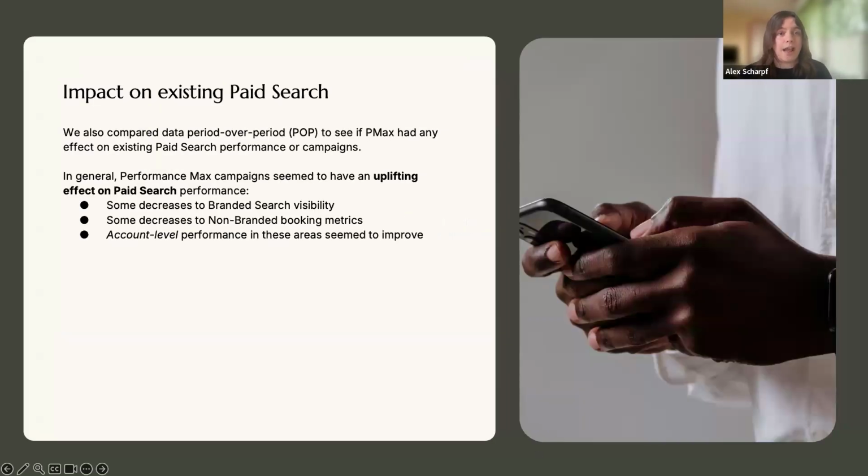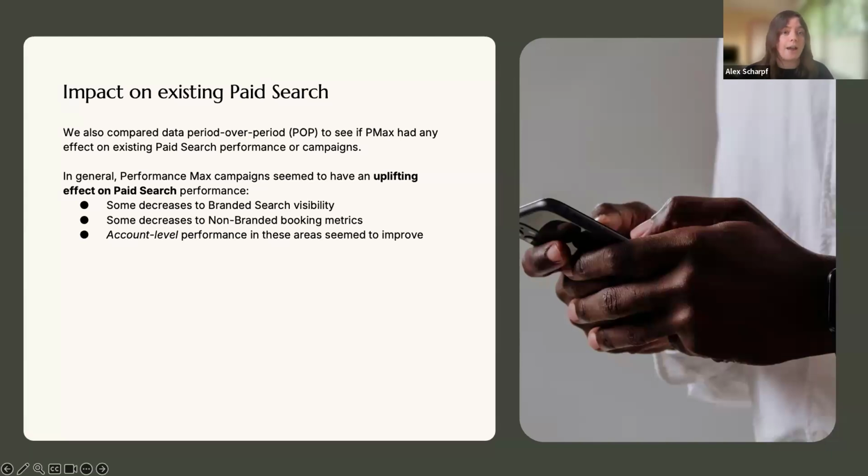We also wanted to see how this is going to impact the existing paid search campaigns. If there's that overlap that was mentioned, between different campaigns or just in general, is this adding to our count or is it just redistributing where people are booking from? So we compared some period over period data to see what kind of effect Performance Max had on our search campaigns.